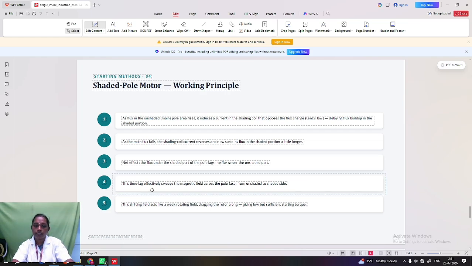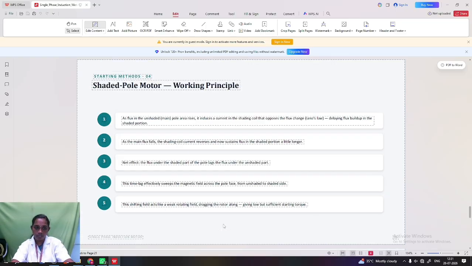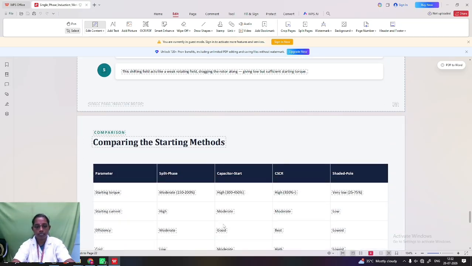This time lag effectively sweeps the magnetic field across the pole face from unshaded to shaded. This shifting field acts like a weak rotating field, dragging the rotor along, giving low but sufficient starting torque. So this type of motor gives low power and low starting torque, and is preferred for low power applications such as small fans, toys, etc.